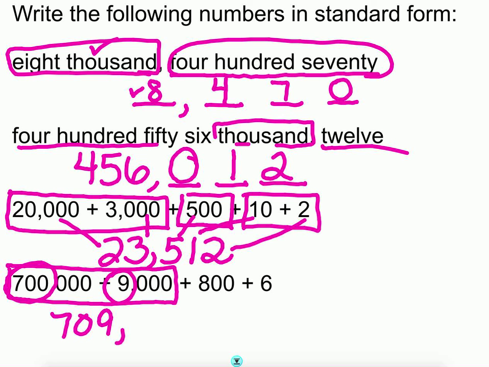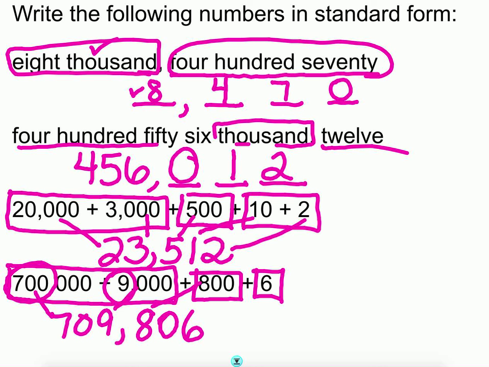Then here we have 800, but then just 6. 806. So there is no tens. So that gets the 0. 806. And again, just match its values just to make sure, right?